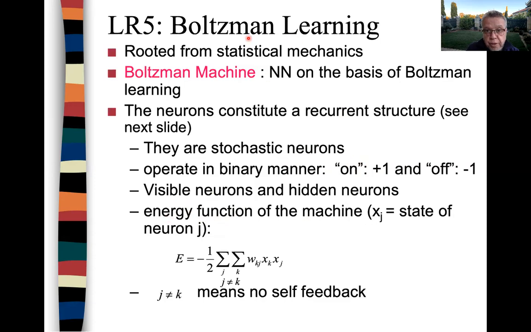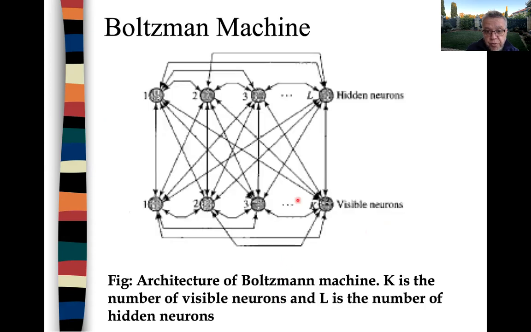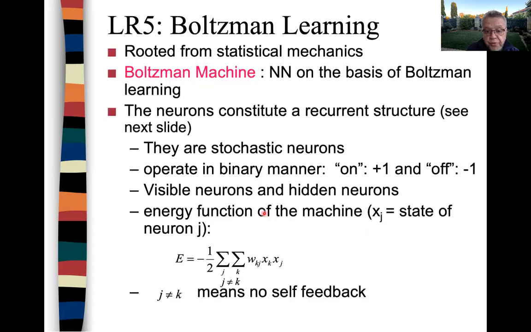This Boltzmann machine has an energy function which is given by E, which is -1/2 times this double sum of the weights w_kj, x_k, x_j. If you take neuron x_j, one of these neurons, either hidden or visible, and another neuron x_k, you look at the weight between them, w_kj, and you sum.